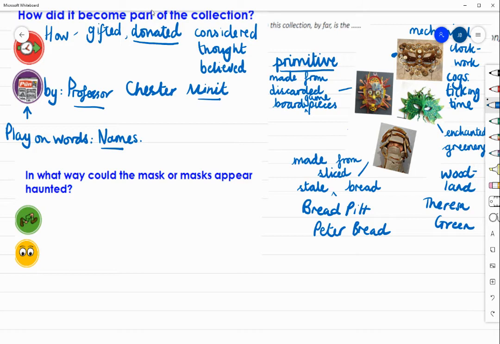And I've got here that this mask has intricate metalwork details, and they may appear to whiz, tick, tock, whiz, whir, all by themselves.